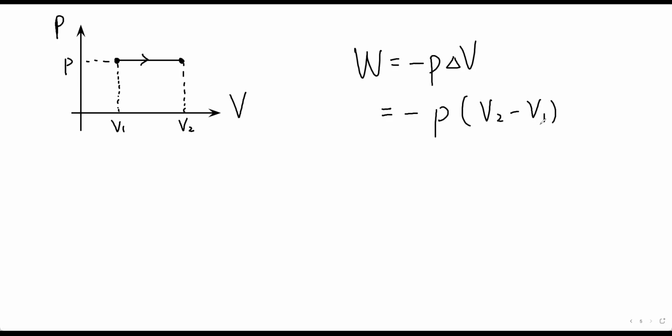So if the gas is moving from V2 to V1, then the work done will be negative P times V1 minus V2. Because in that case, V1 is the final volume and V2 is the initial volume.